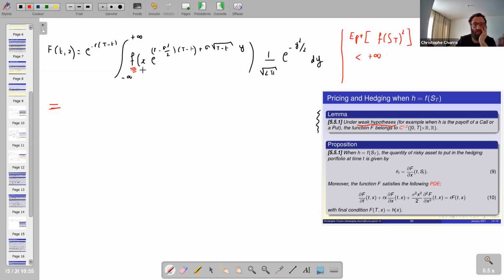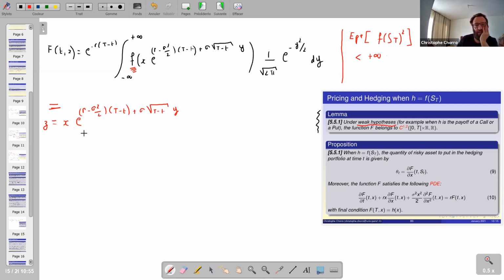So I have y this way, and I will define a new variable, z, that is equal to what I have inside here. That is x exponential of (r minus sigma squared over 2) times (capital T minus t) plus sigma times the square root of capital T minus t times y.